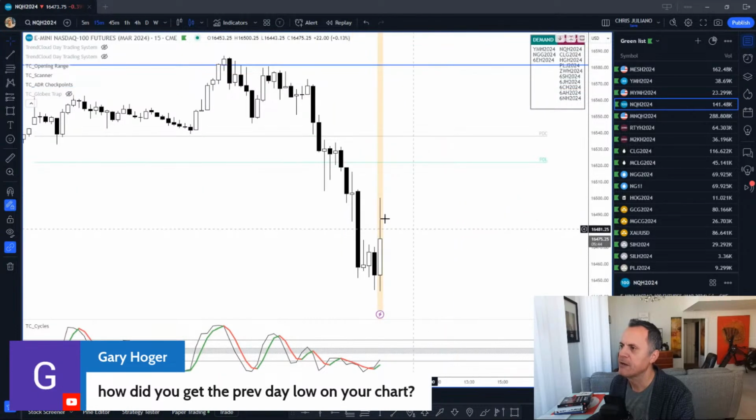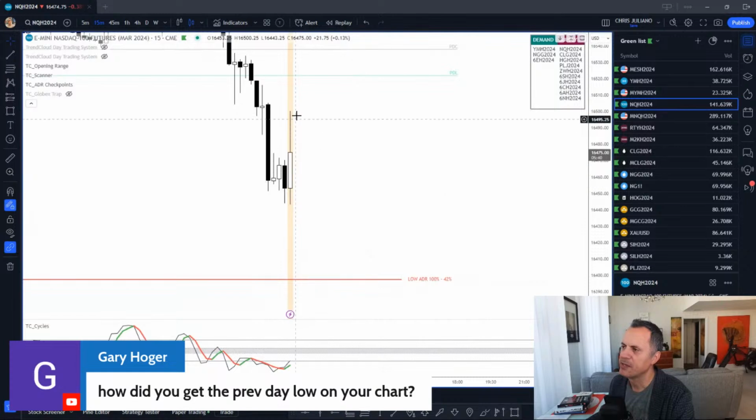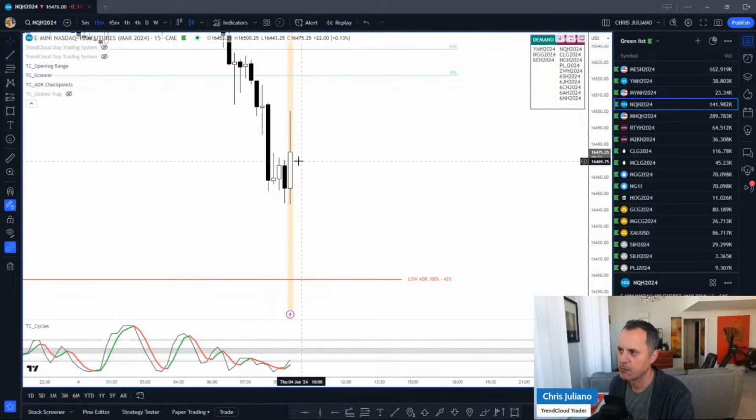So NASDAQ here. And you see, this is how the opening range forms on your chart. The NASDAQ is an index, so the chart will automatically put this yellow line and box out the candle.